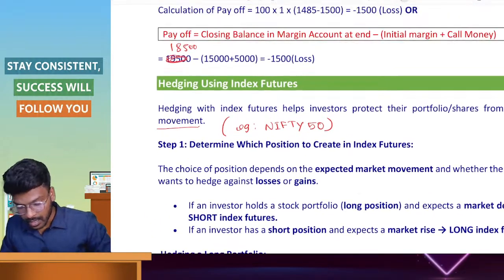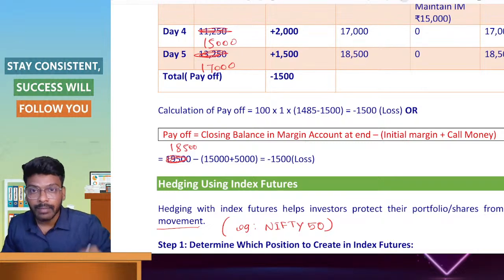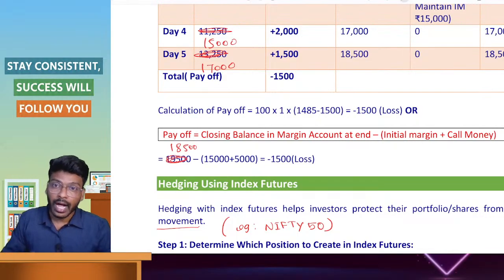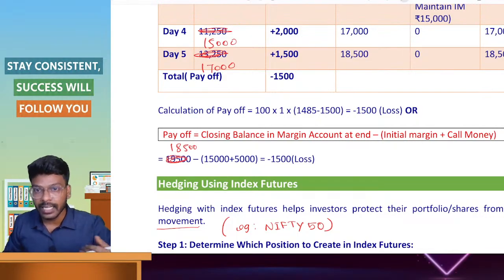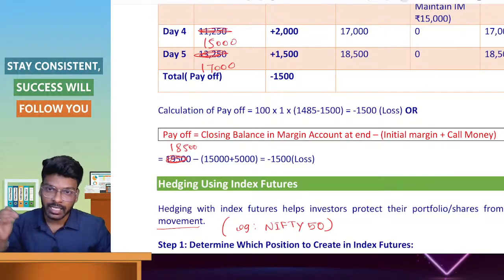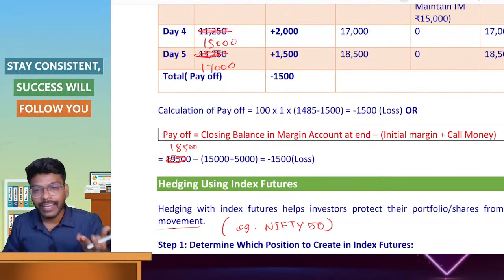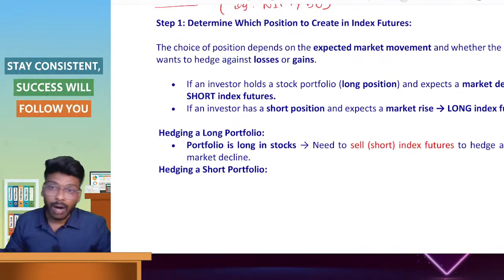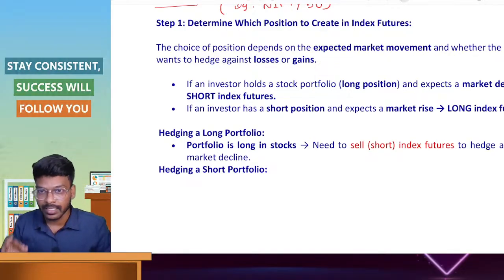So if I have the expectation on day one that the price will increase, and on day two that price will decrease, I will take the opposite position to hedge my losses.